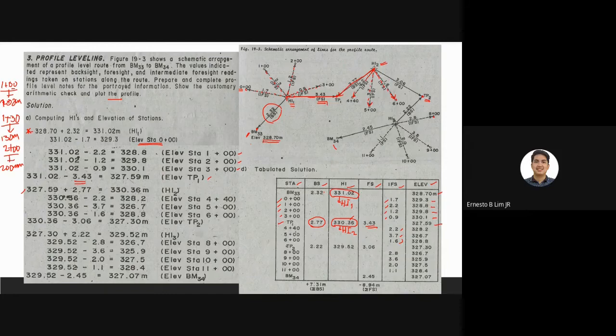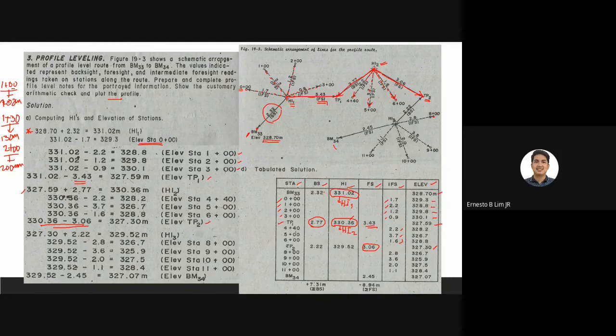For your TP2, again, do not forget to get the foresight reading from HI2 to your TP2. Then height of the instrument 2 minus the foresight, and you will have the elevation at TP2, which is 327.3.